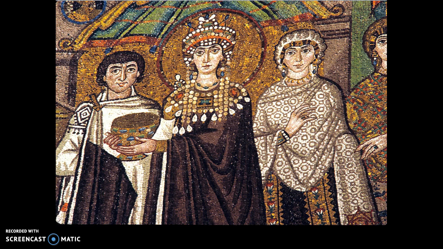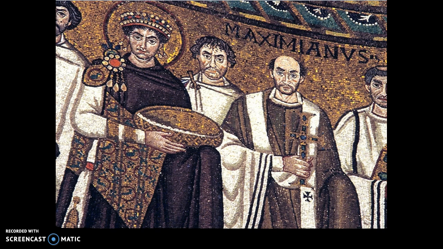And that's what they're doing here. They are representing themselves performing this very sacred ritual of communion, participating in communion, and so that way they are associating themselves with Christ and Christianity, and that of course gives them higher status and more power.